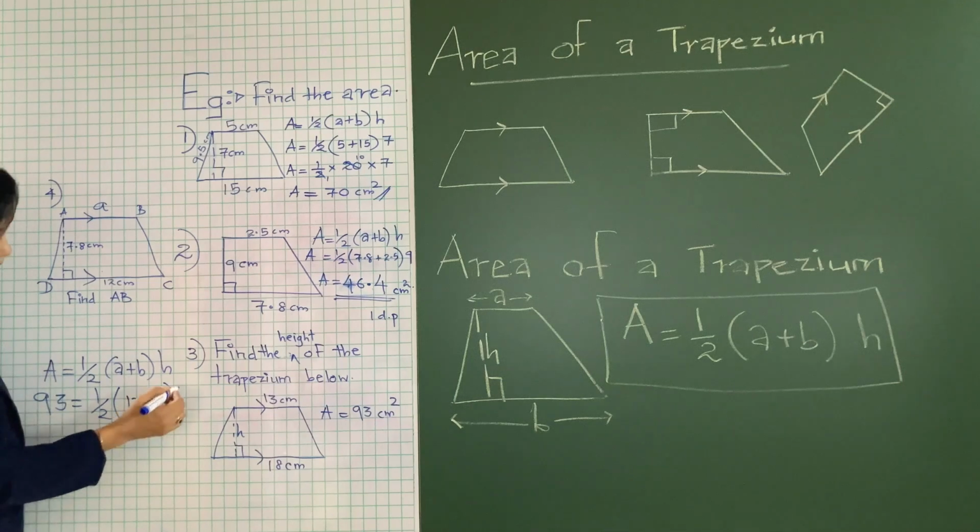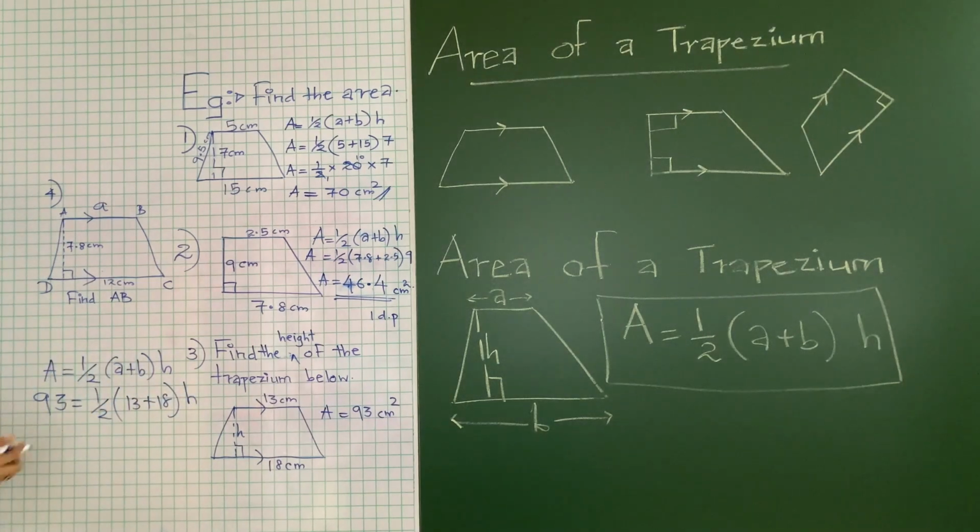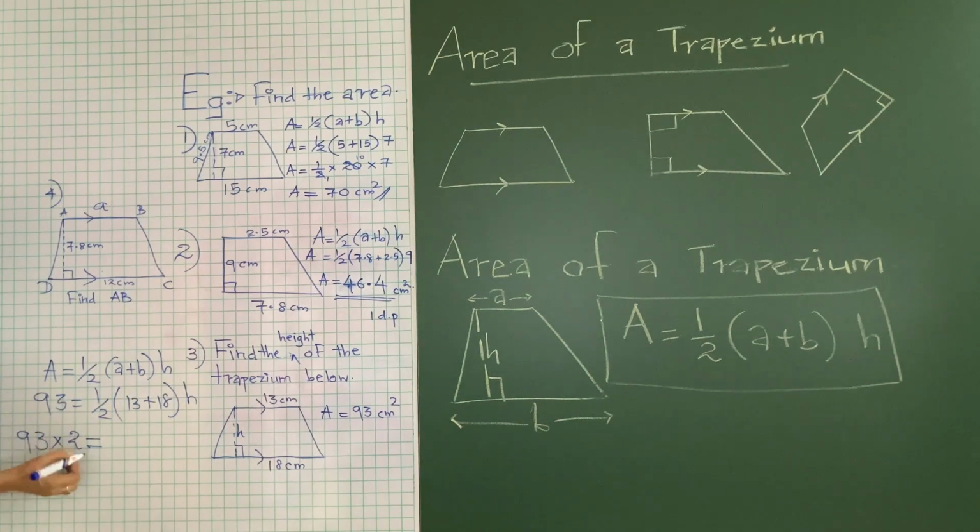Okay, and the height is unknown. Then I'll be taking this half to the other side. Division becomes multiplication. 2 is a division. Division becomes multiplication. As 1 is not changing anything, now you can put 2 over 1 also, but 1 doesn't change any figure. Therefore I can take only 2.